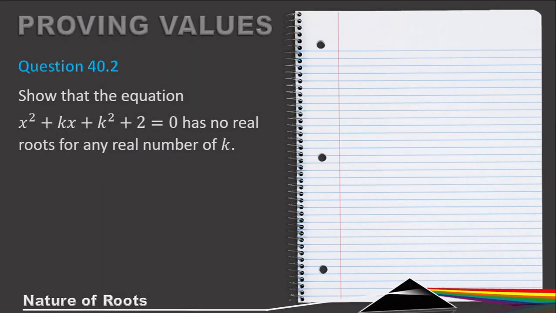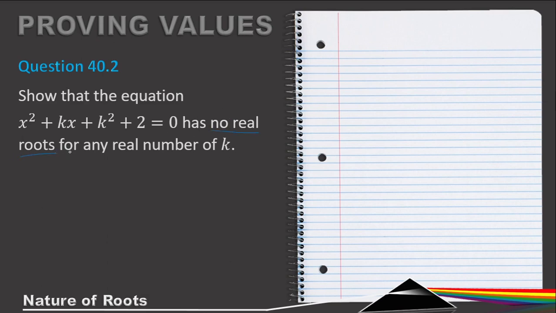Now for question 40.2, show that the equation x squared plus kx plus k squared plus 2 equals 0 has no real roots for any real number k. All right, so what we're going to do here, this is already in standard form. We need to see our keyword is no real roots.